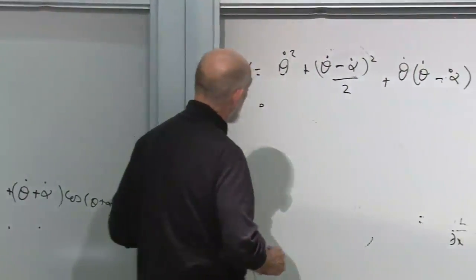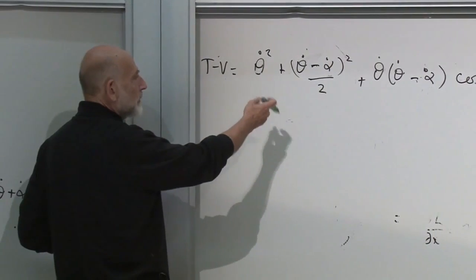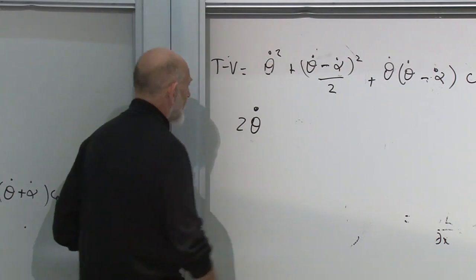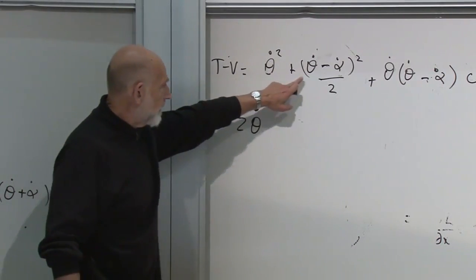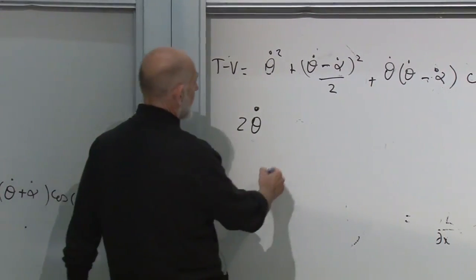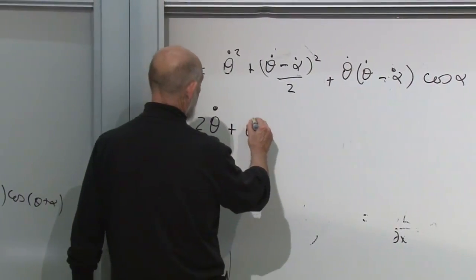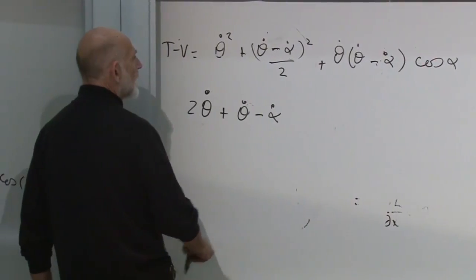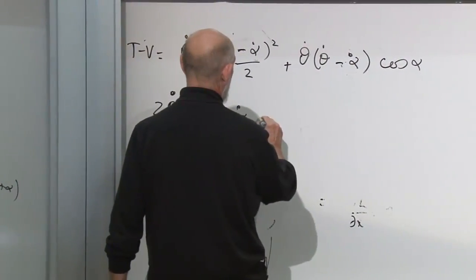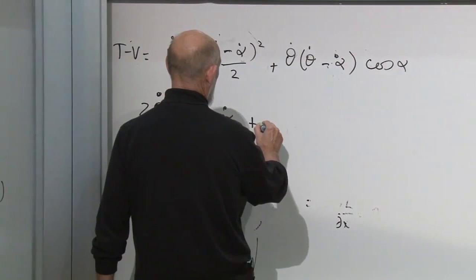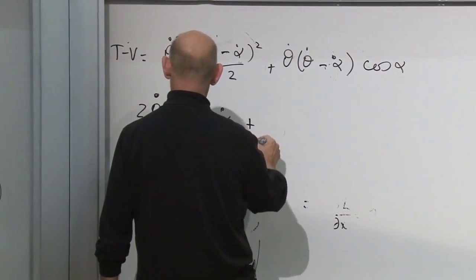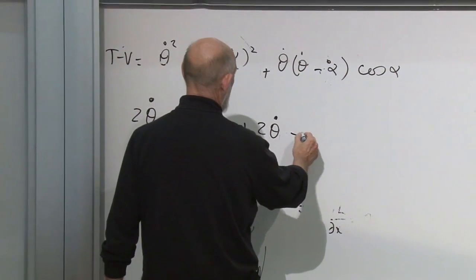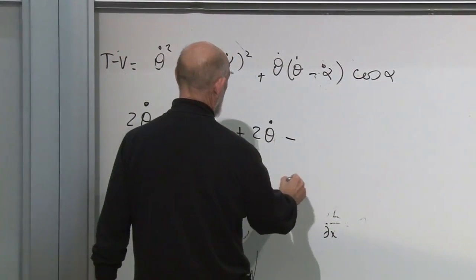Partial of L with respect to theta dot. We're first going to work out p sub theta. So that's theta dot from here, twice theta dot from here, dL by d theta dot. What about from here? There it'll give us plus theta dot minus alpha dot from here. And then from here, another twice theta dot, and then minus alpha dot.